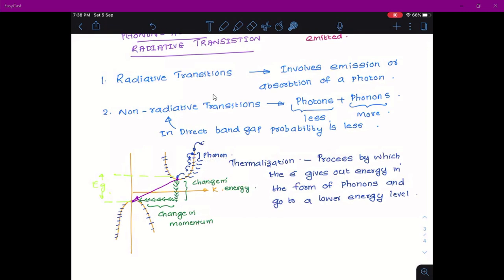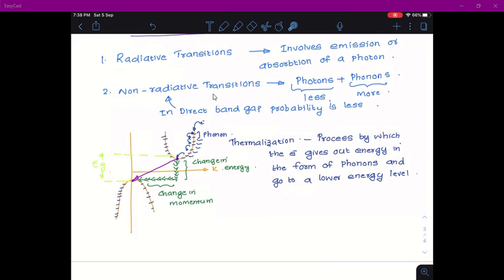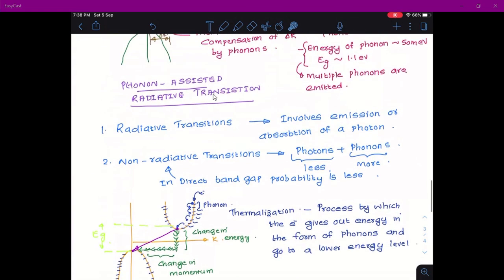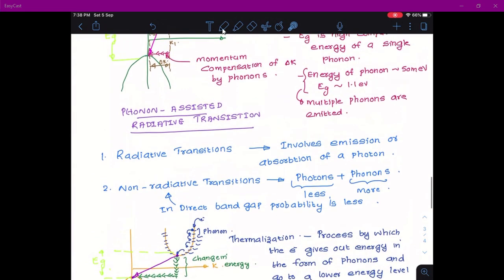So multiple emissions of phonons will happen here till it reaches here, and once it jumps from here to here, again there is a change in momentum and change in energy, which will give you the phonons and the other particles. Okay, so that's all for today. Thank you for listening.